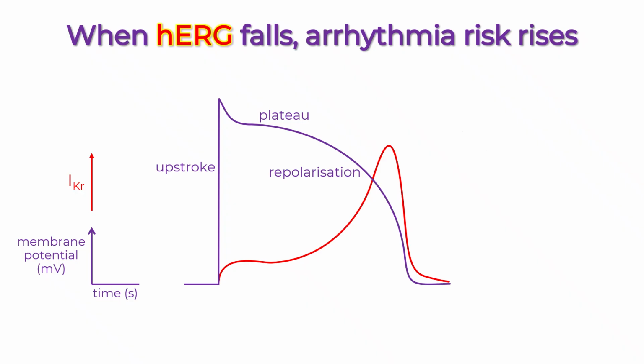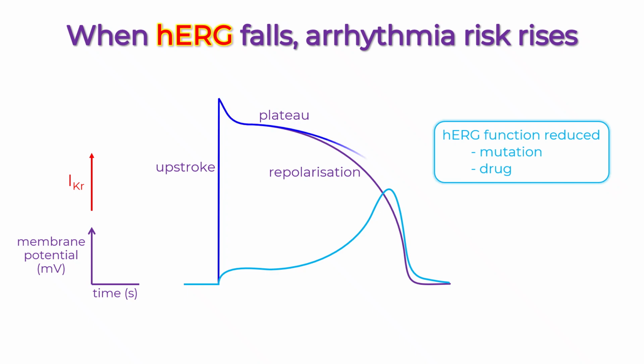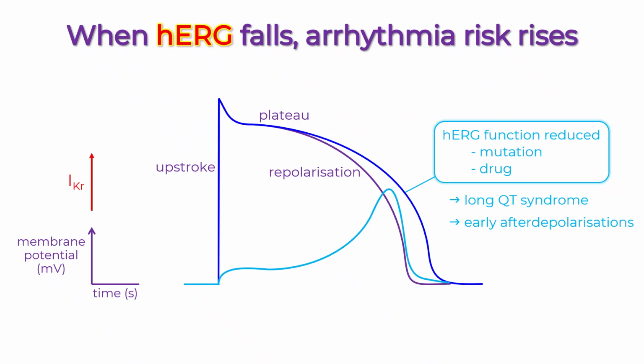If hERG function is reduced by mutation or drug block, the outward current during repolarisation is reduced. As a result, repolarisation is delayed and the action potential is prolonged. On the ECG, that can appear as QT interval prolongation. Delayed repolarisation also increases the opportunity for early afterdepolarisations and ventricular arrhythmias such as torsade de pointes.